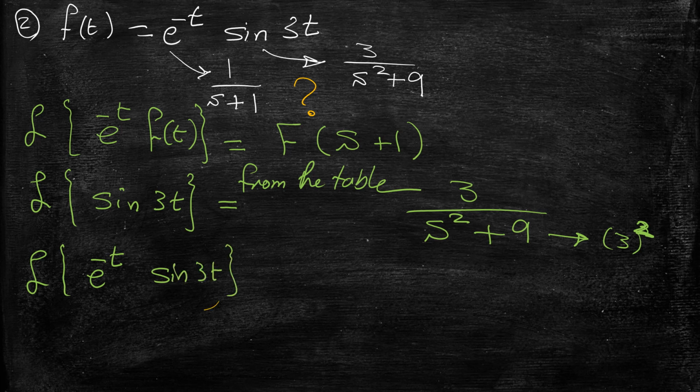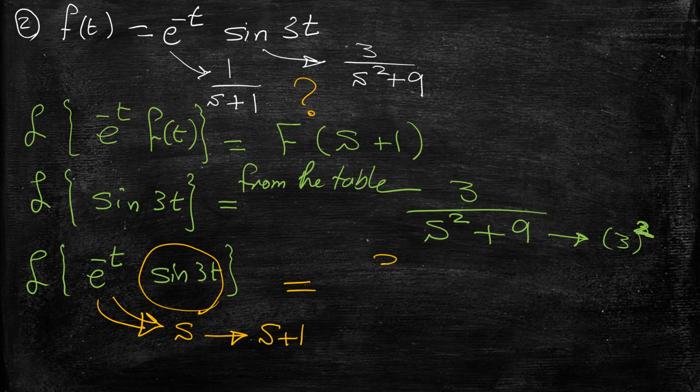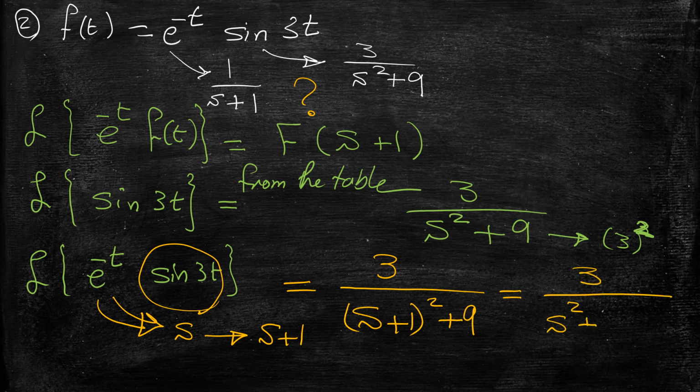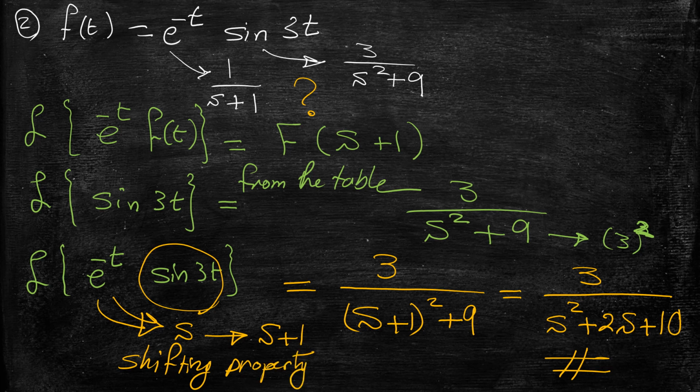It means for this function F of s, make each s become s plus 1, which here translates to 3 over s plus 1 squared plus 9. If we simplify this fraction, it will be 3 over s squared plus 2s plus 1 plus 9, which means plus 10. And here we got this value for the Laplace transform. So we just used the shifting property. Just to remember.